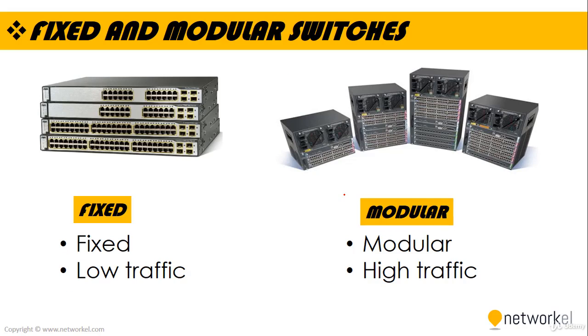Let's take a look at the fixed and modular switch. These are the types of the switch, guys. Fixed configuration switches are fixed in their configuration. What that means is that you cannot add features or options to the switch beyond those that originally came with the switch.